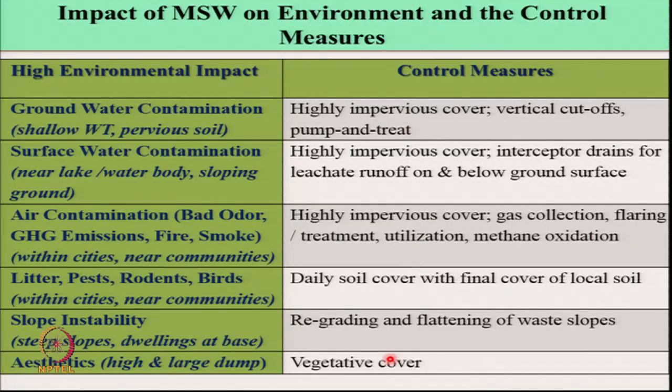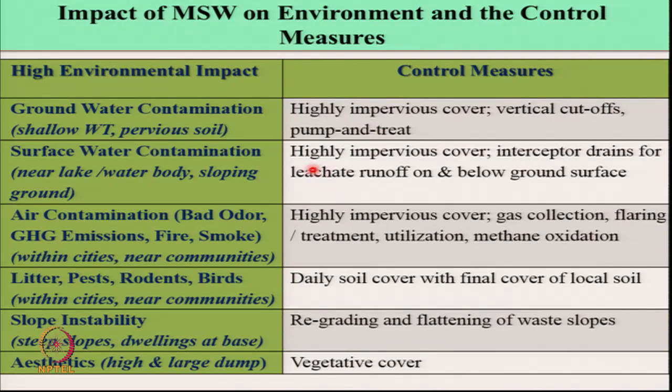And for each of them, there is a solution. We have talked about the control measures and there's a solution. And just for aesthetics, a vegetative cover is fine. But if you have groundwater contamination, you need a highly impervious cover, hazardous waste cover, vertical cut-off walls, and pump and treat.